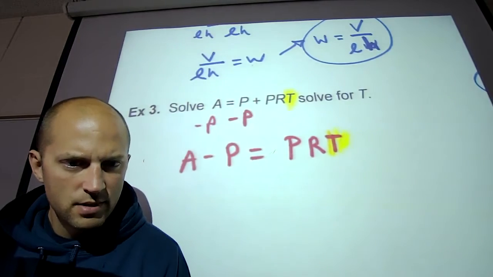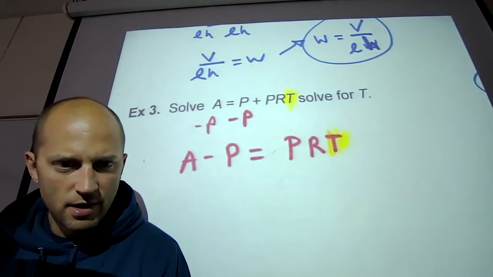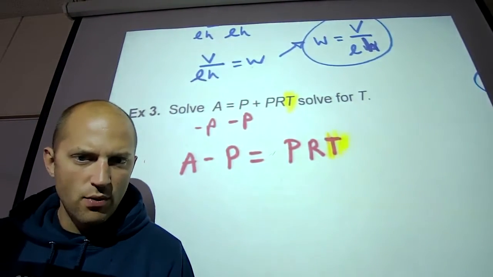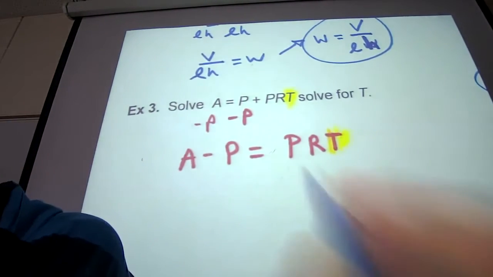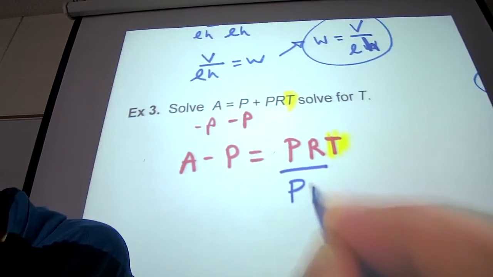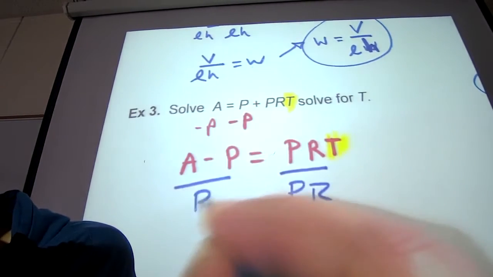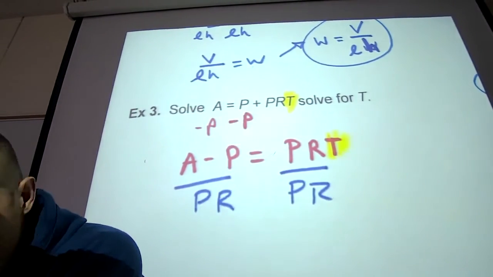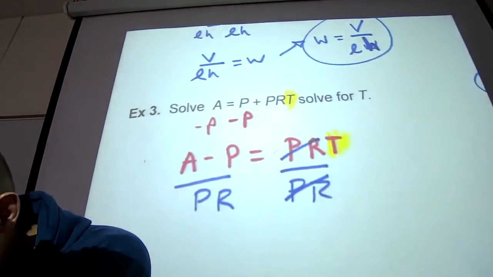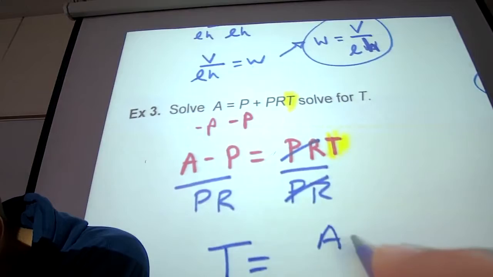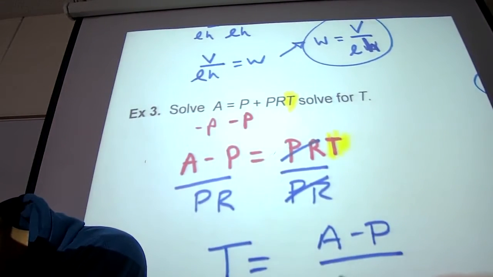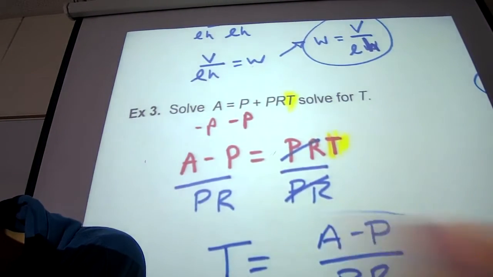Juliana? Hunter? Hunter, what do you got? Hunter, are you even there? I just see white room. Division. All right. There's Hunter. So these cancel out, and I end up with the T by itself, and now I've got T equals (A minus P) all over PR.